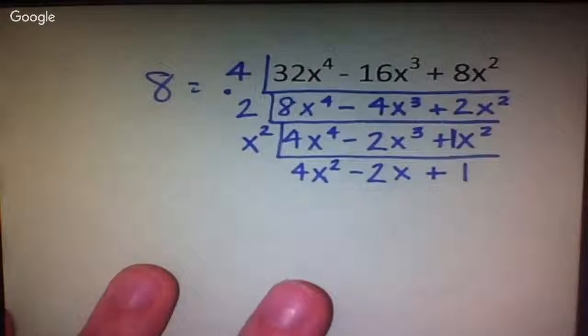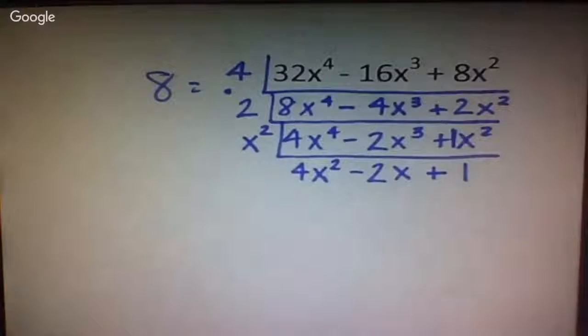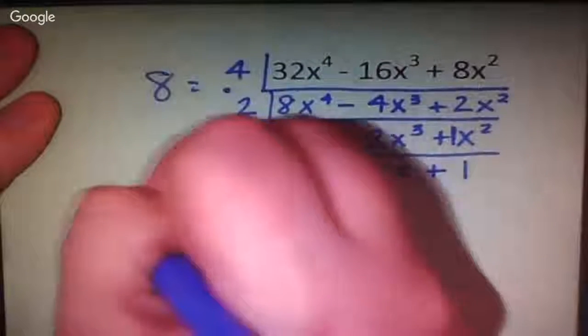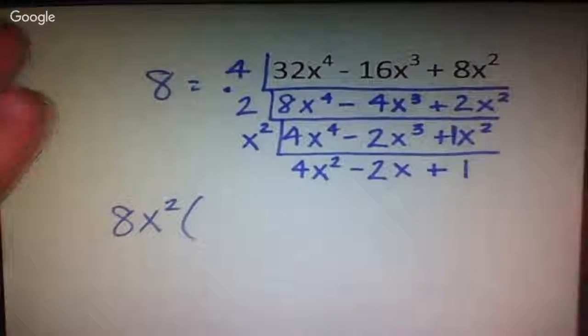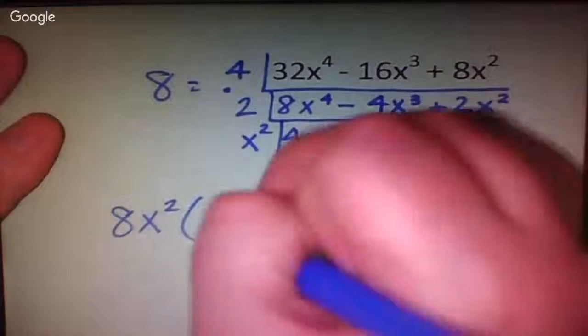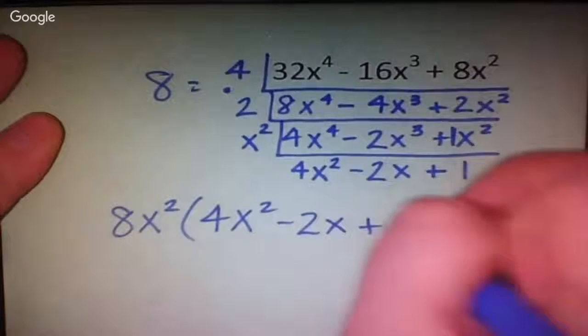Because you only had 2 there to begin with, when I took the 2 out there's no x's left, so you can't leave it blank, because that would mean it's 0. Your final answer is 8x squared times 4x squared minus 2x plus 1.